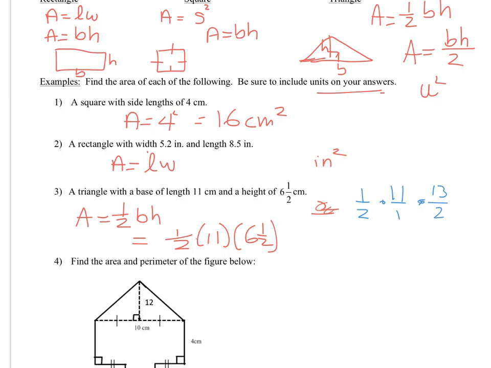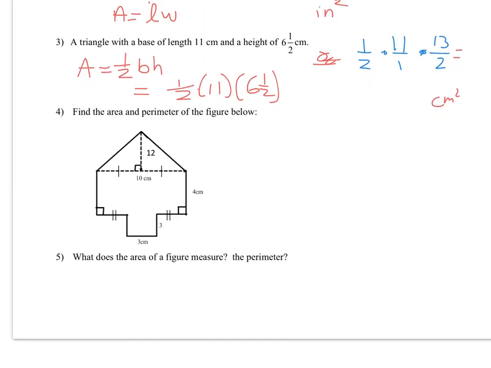And then I'm going to do cross canceling. Actually, I can't do any cross canceling here. So I'm going to let you go ahead and find your answer to that and make sure you know it's going to be centimeters squared. And we'll come back and show the answers at the end of the slide. For the next one, you can put it on pause and go ahead and do those problems.